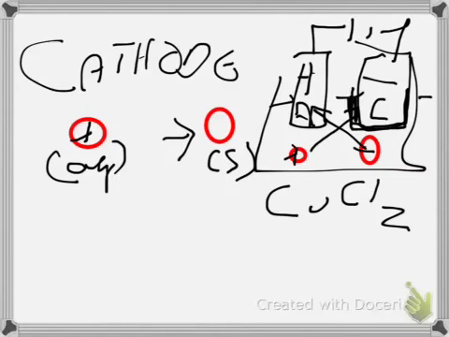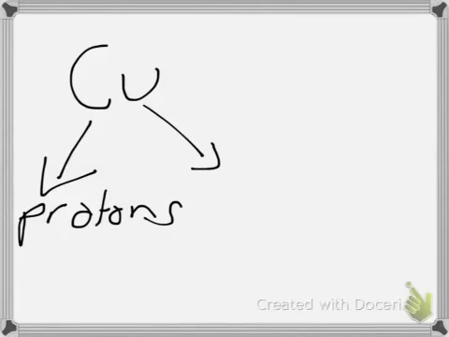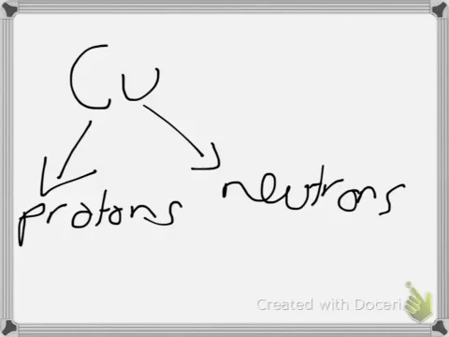So in our copper atom, we've got protons, we've got neutrons, and we've got electrons.